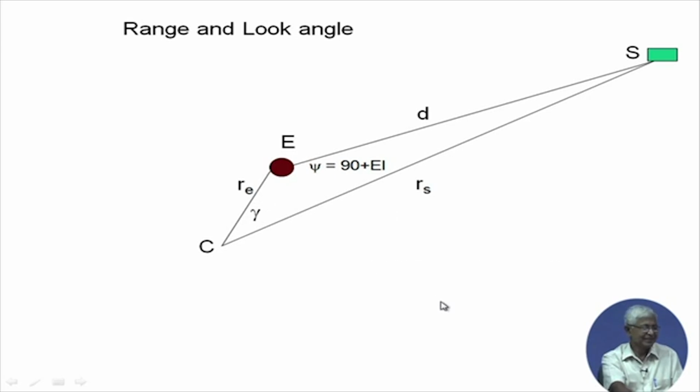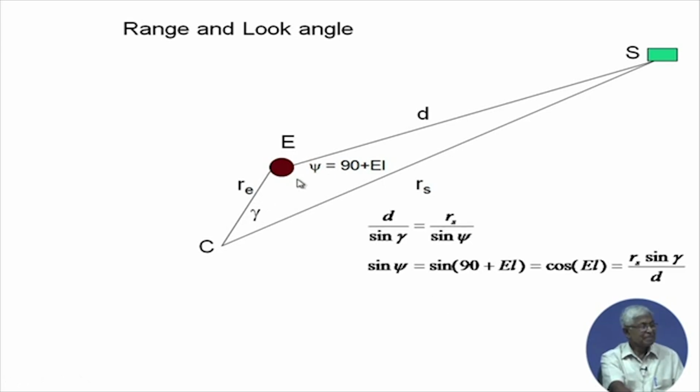We will see that. First, let us see this triangle again, which is C, E and S, and which forms a central angle gamma at C, and the sides are d, r e and r s.